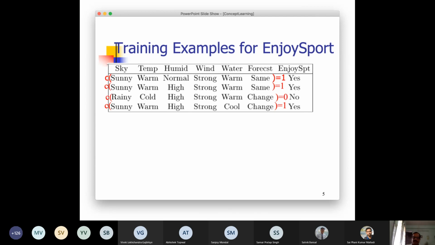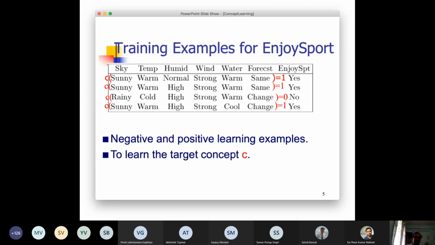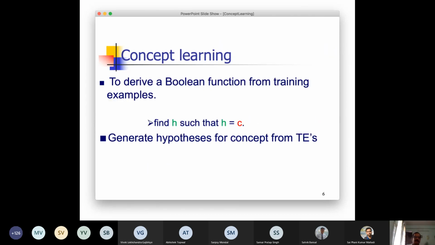There is only one record where you get the value 0. So you have both negative and positive learning examples, and your objective is to learn the target concept C. The term concept in concept learning is associated with this Boolean function. That is the concept you are trying to learn here.